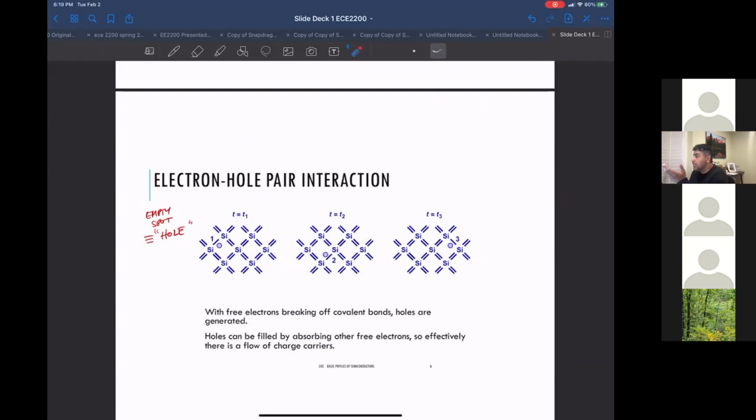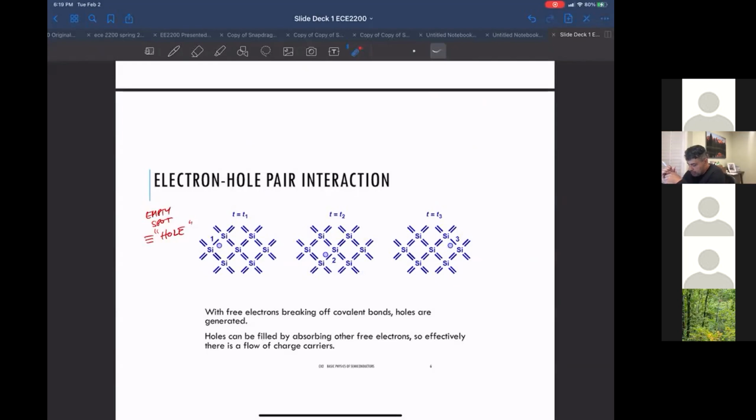This lack of an electron is called a hole. It's not a positron or something weird like that. It is just a lack of a covalent electron, an empty spot that can get filled with covalent electrons that don't have to free themselves.